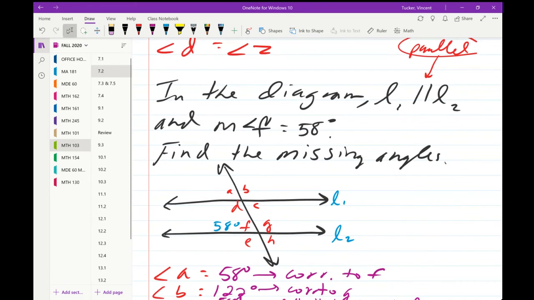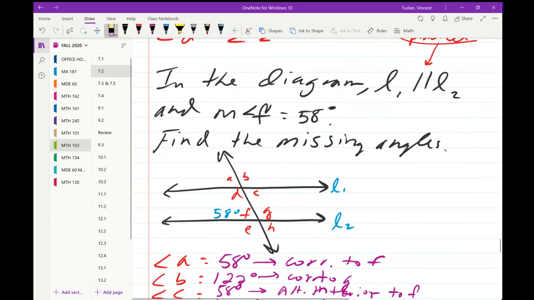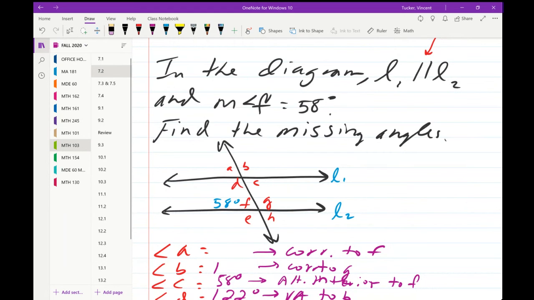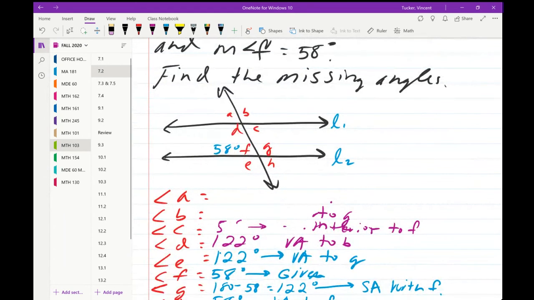All right. Once again, I'm going to erase some of this stuff. Well, erase all of it. And we'll walk through it.